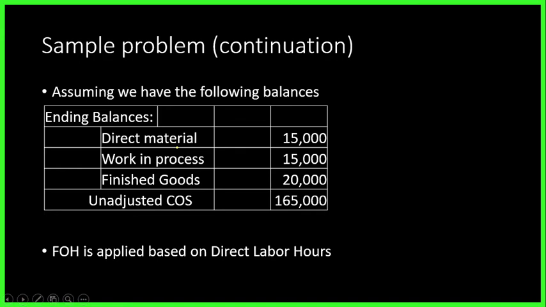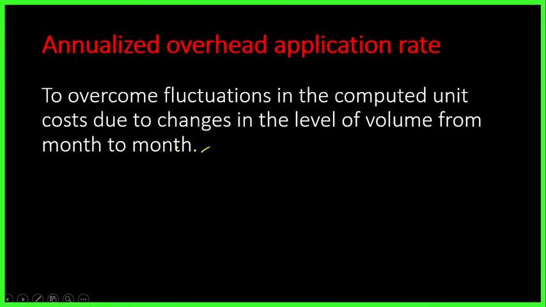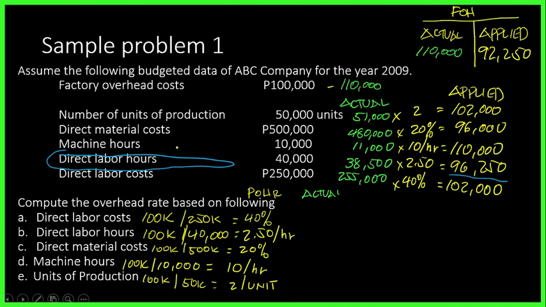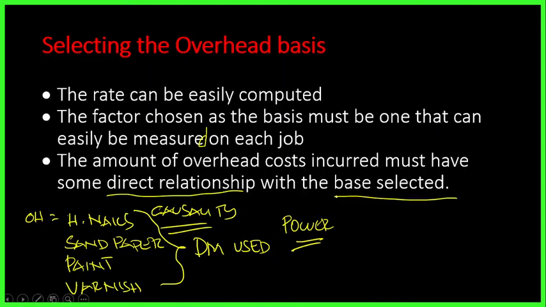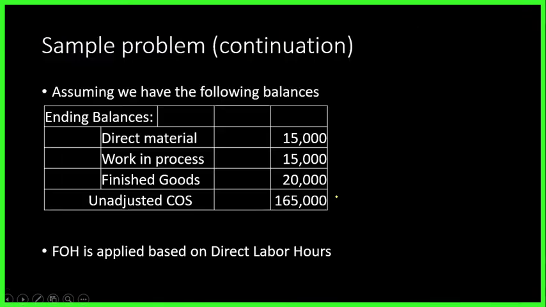So, what was our problem earlier? Let's go back. This is our problem and we chose to apply our overhead using direct labor hours. So you now have the actual, which is 110, and then you now have your applied, which is 96,250. Let's try to compute that.